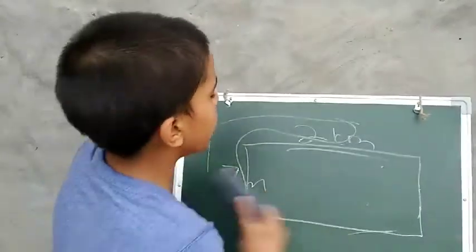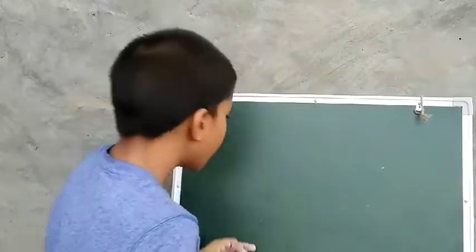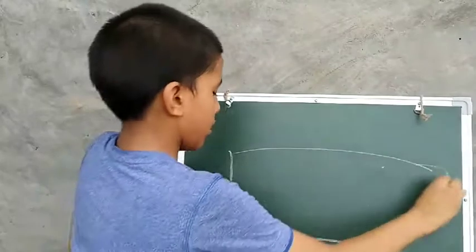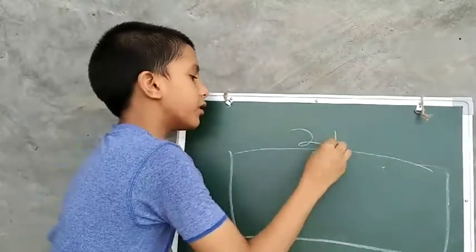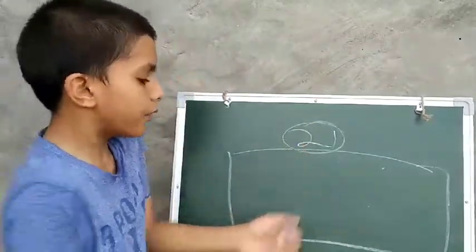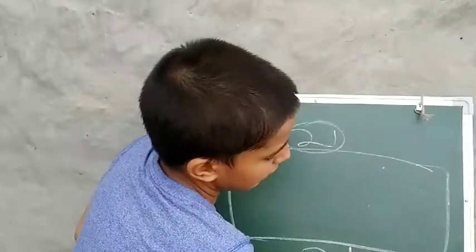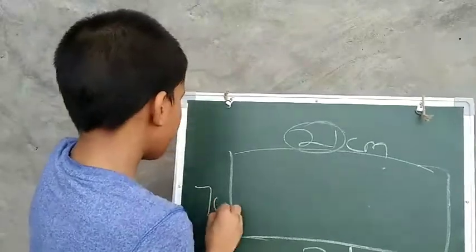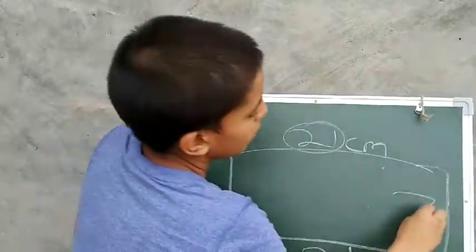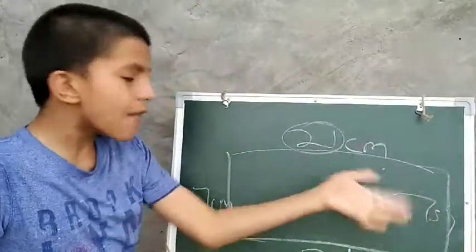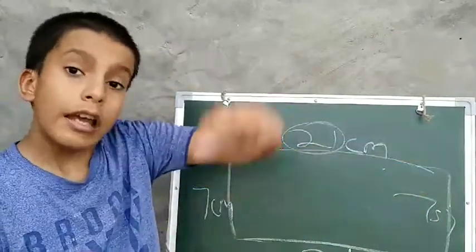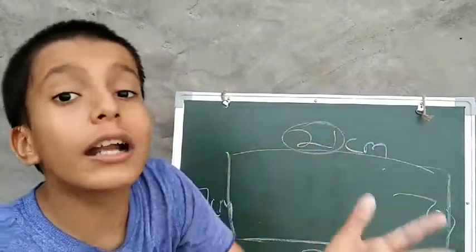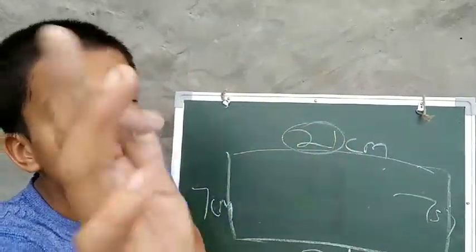To find the perimeter, we know that one length is 21 centimeter, and exactly this is 7, this is 7. Face to face means equal, in the rectangle.